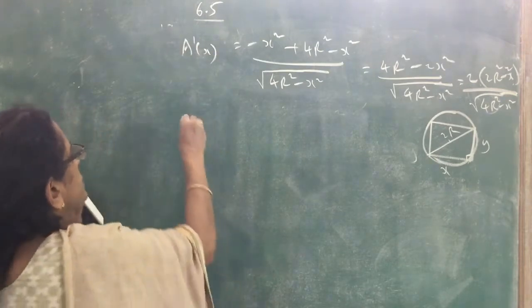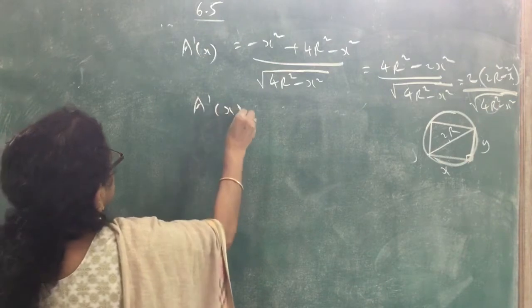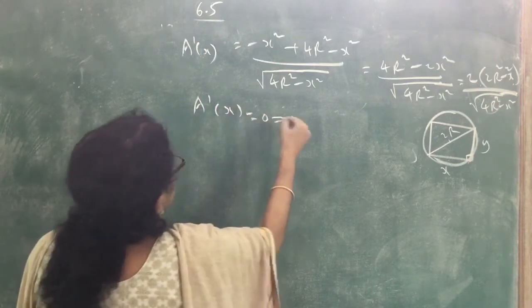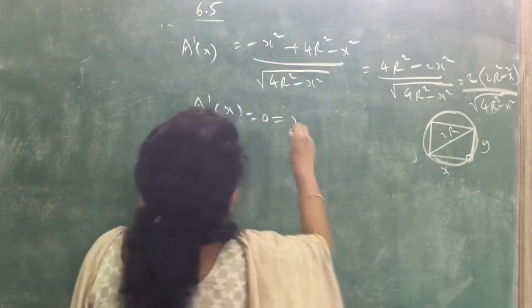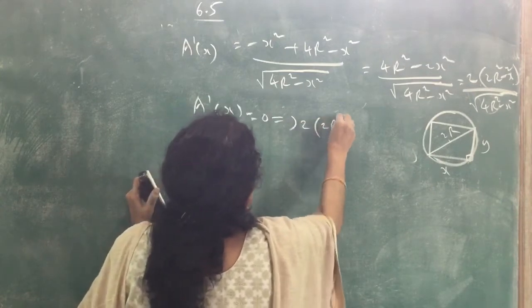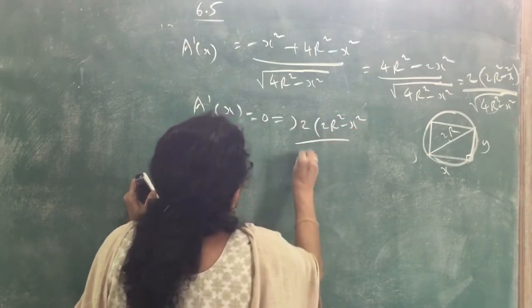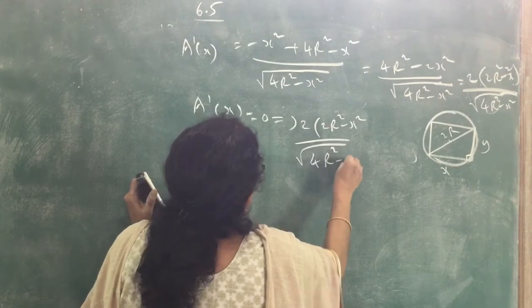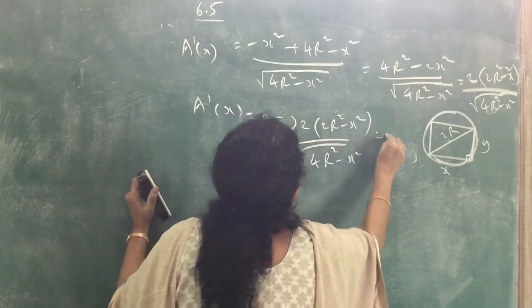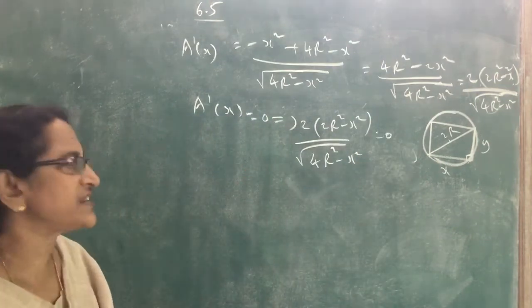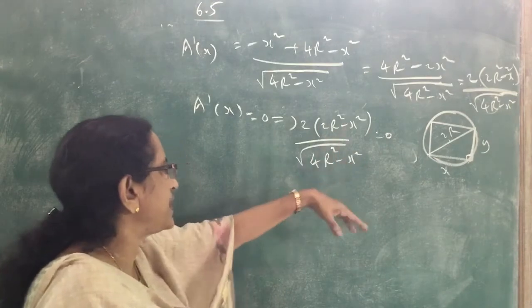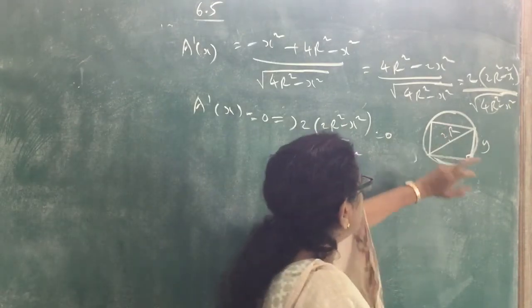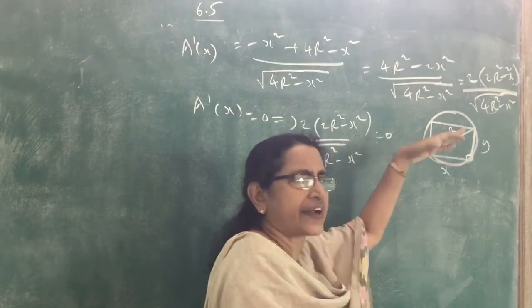A dash x equal to 0 implies 2 into 2r square minus x square by root of 4r square minus x square equal to 0. We know x is always less than 2r, since this is the diagonal.